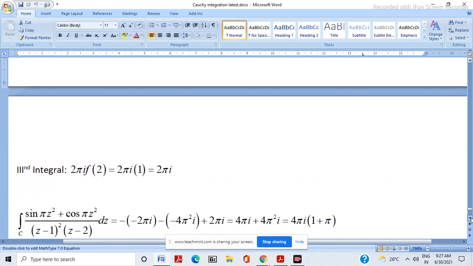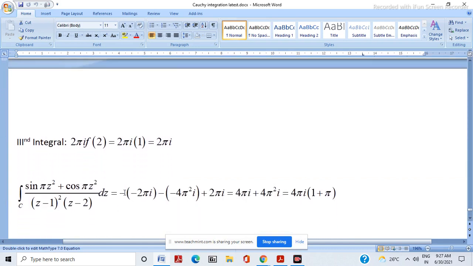Then first, what will it be? First one, there a is minus 1, that you should see and substitute minus. Then the first integral we got minus 2 pi. Again b also we got minus, then our second integral is minus 4 pi square i, plus then third integral we got 2 pi i.